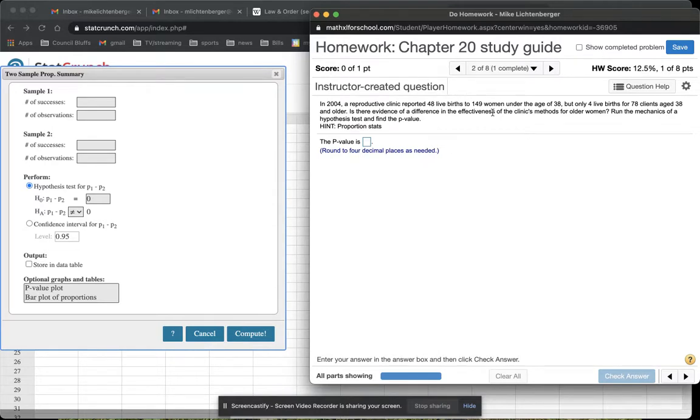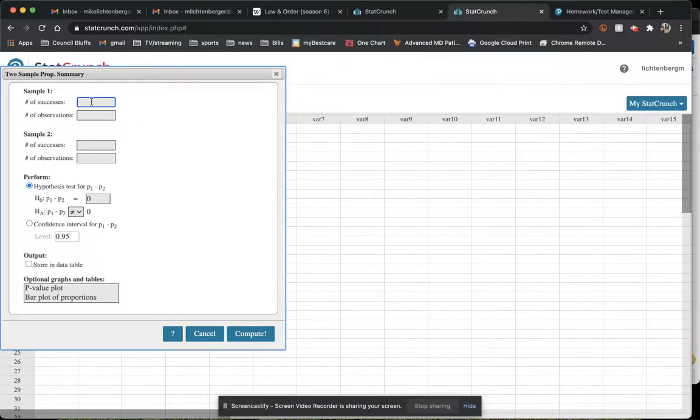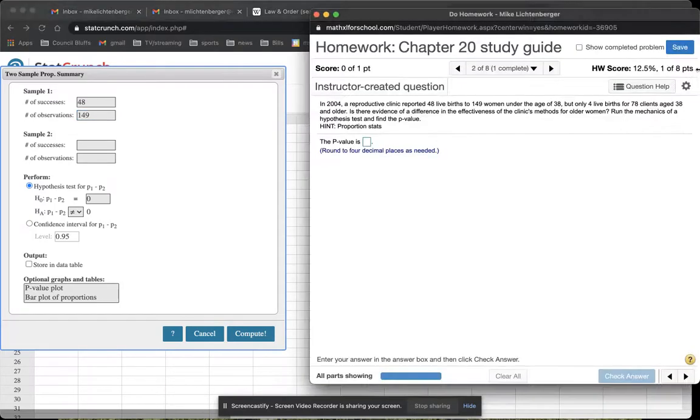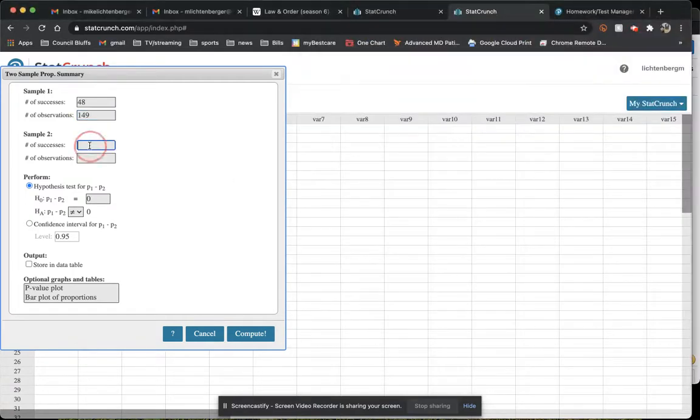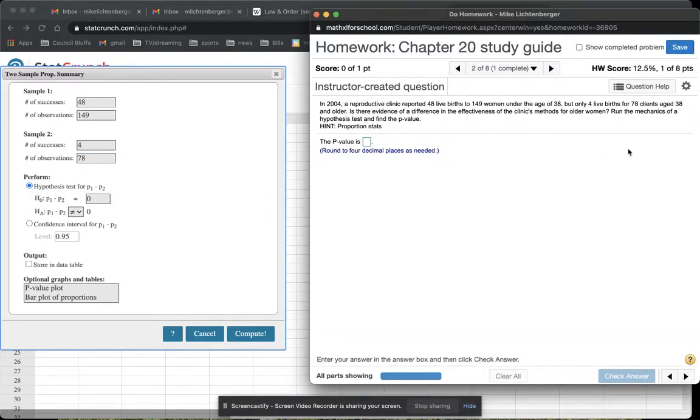Okay. And it even said here, proportion stats. So 48 live births to 149, so 48 out of 149. And then 4 live births for 78 clients, so 4 out of 78. And we're going to do a hypothesis test.